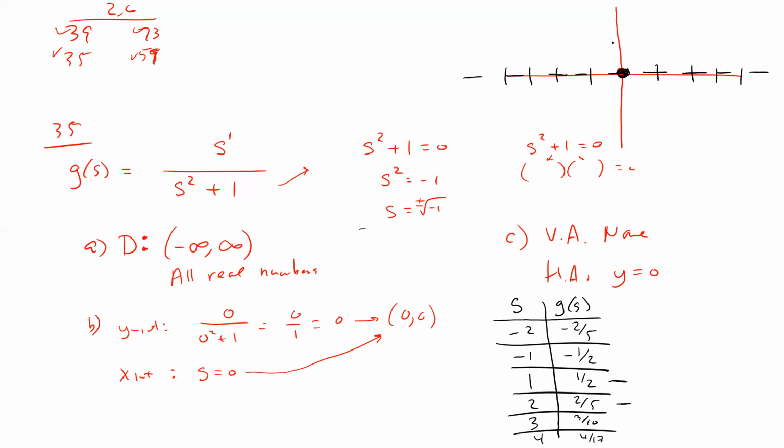So if this is 1 here, I'm going to make these 1 and -1. So 1/2 would be about right there. 2/5 would be just a tiny bit lower, right? 3/10 is almost a third, lower. 4/17 is almost a quarter, because 4/16 would be a quarter. So then we have that right there.